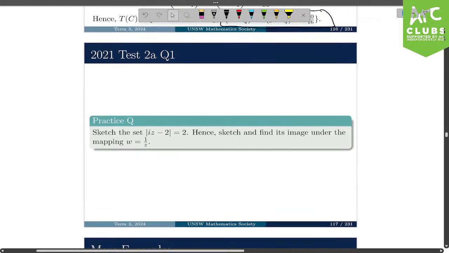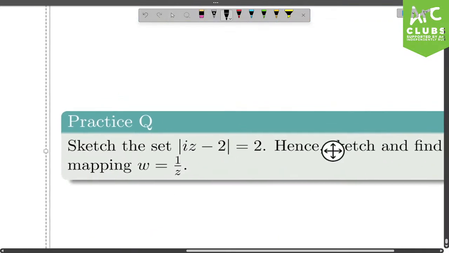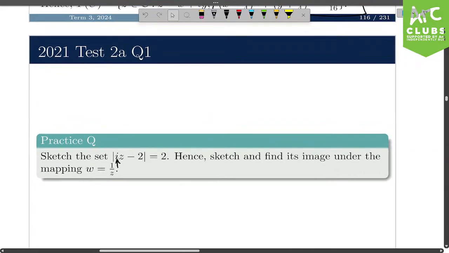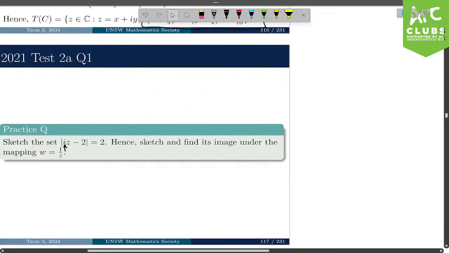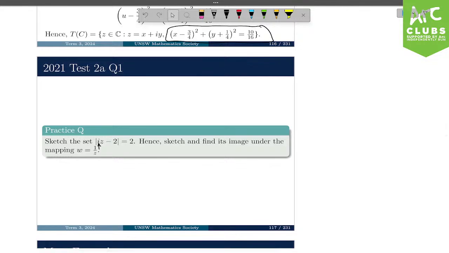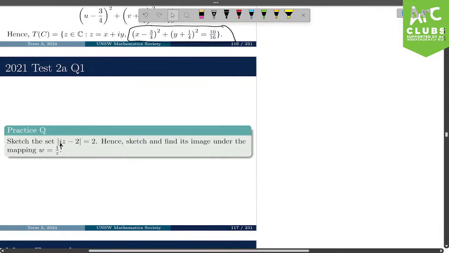So, next up, we have a quick practice question. There's a little trick in here, and I think that little trick is right here. Basically, the magnitude of iz minus 2 is equal to 2. So first things first, we have to find out where this circle is centered, okay?